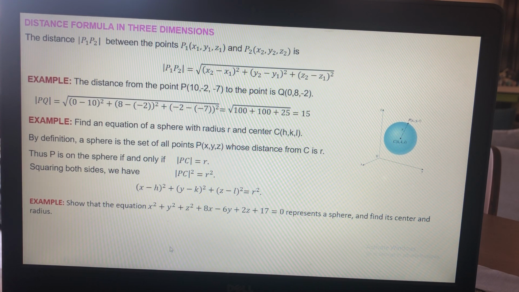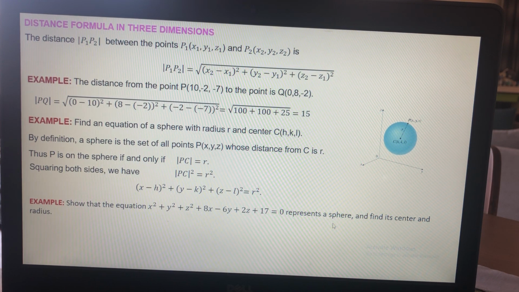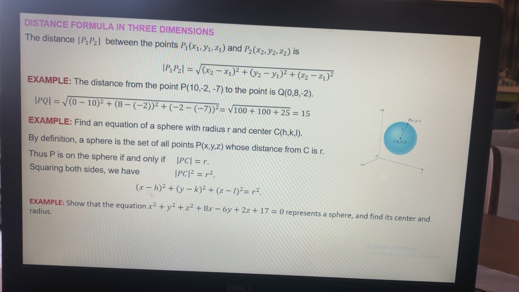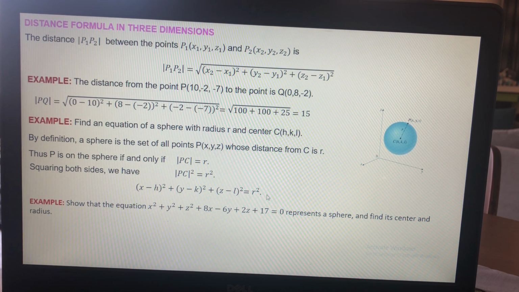For example, this one. Show that this equation represents a sphere and find its center and radius. We know that the general form of the sphere is like that, so we need some squares. We need to complete the square for the x term, the y term, and the z term, so that I can have this form and find the center and the radius of the sphere.